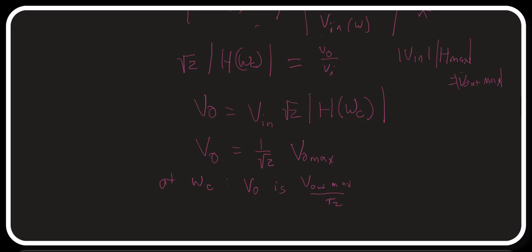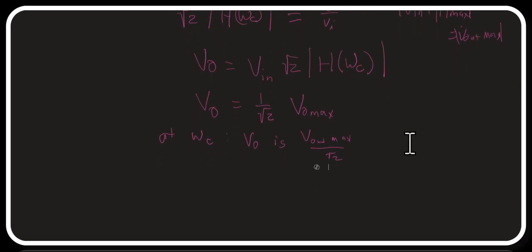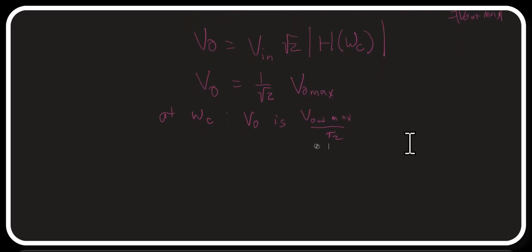Okay, well, we know that our real power in an AC circuit is 1/2 the magnitude of the voltage squared divided by the resistance.